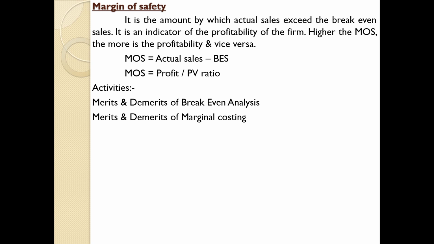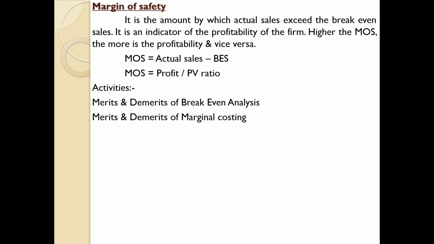So every organization and every business tries to improve the margin of safety by increasing their volume of sales, increasing their selling price, reducing the fixed cost as well as reducing the variable cost. The equations for finding the margin of safety are actual sales minus break-even sales, as well as profit divided by PV ratio, and these equations can be used interchangeably for finding other items.